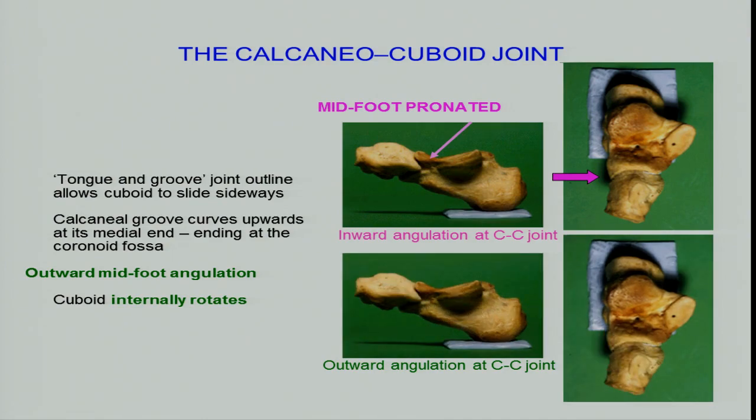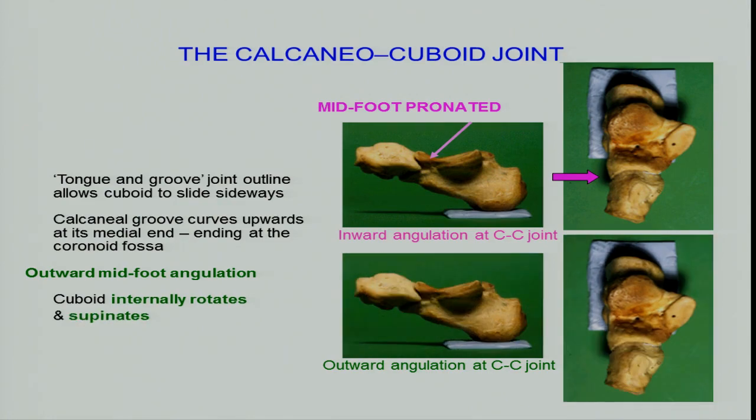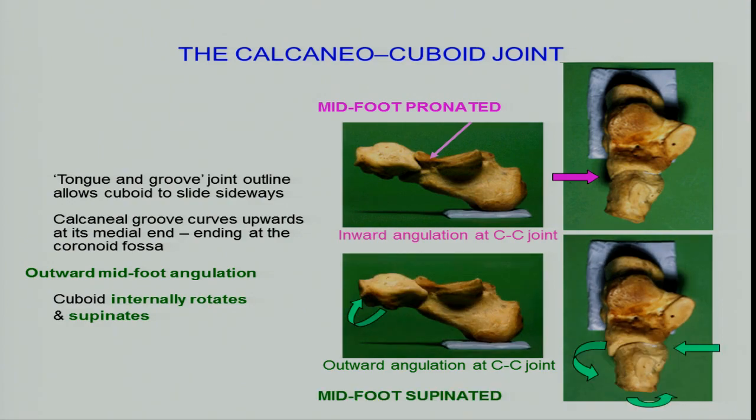There we are. That's inward angulation, both of them, and then we move to the outward angulation below. Cuboid beak has gone into its coronoid fossa, and as it does that, it supinates. Just compare the outline of the cuboid there with the one there, and you see that it has supinated, as well as angled inwards, as you see at the bottom here.